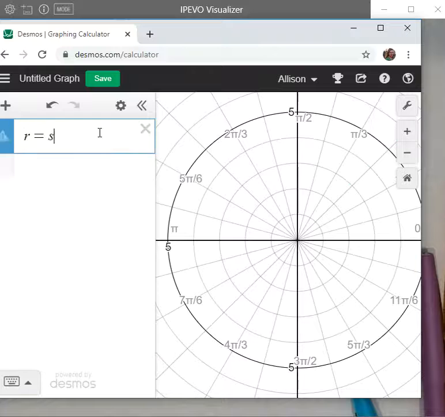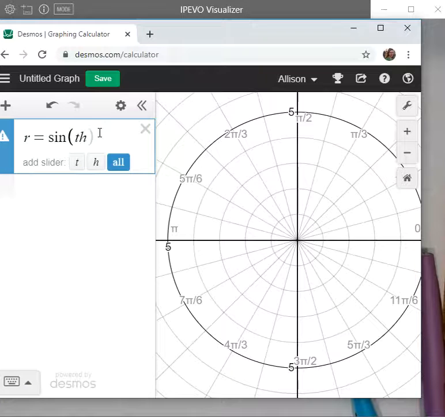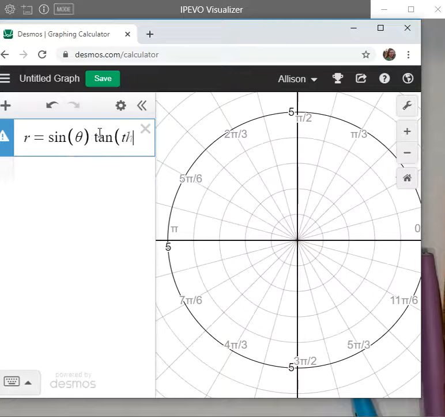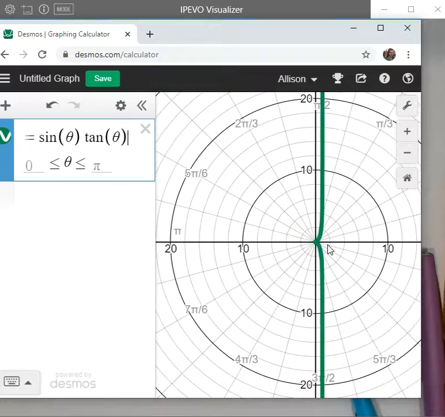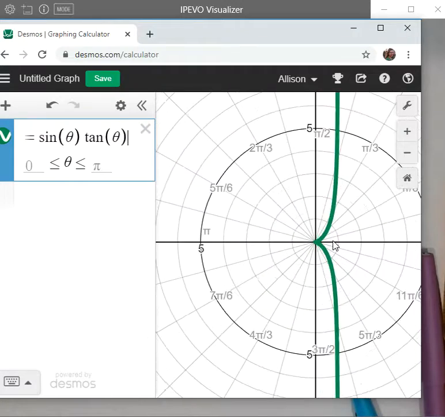So r equals sine, I'm going to put some parentheses so it makes sure that I know what's inside the sine of theta, times tangent of theta. I think what happened before was that since I didn't use parentheses, it wasn't sure if my tangent theta was inside the sine or not. It was just not defined well enough. Okay, so this is the cissoid, and it's an interesting shape.